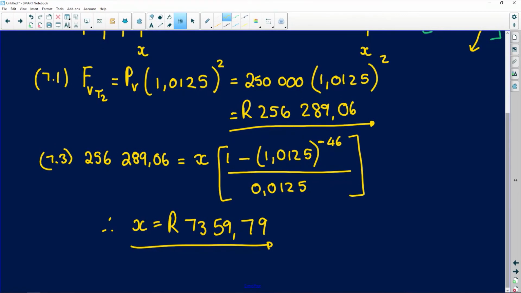Just write that answer down. Maybe take a photo with your cell phone, and go and calculate how I got to this. What I usually do is I find this sum first, I turn it around, and I multiply with this number on the other side, and that gives me the value for X.